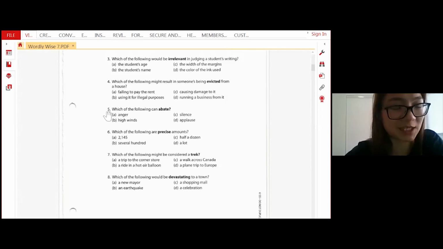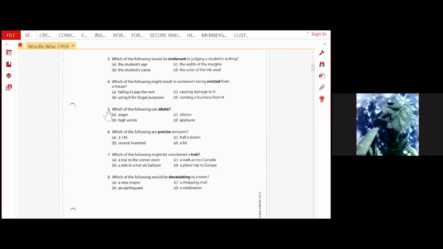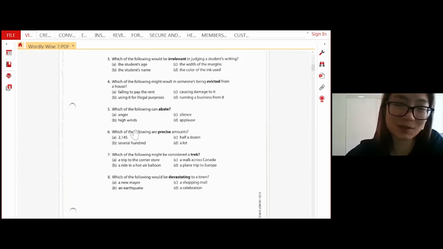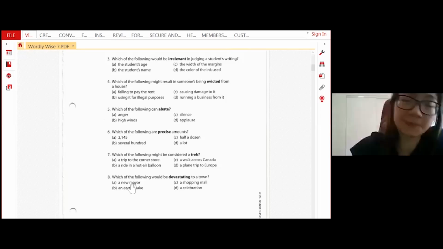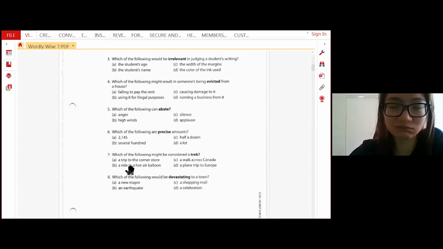A new mayor would be devastating to a town, seriously? It depends on who the mayor is. I would just say, based on that, maybe an earthquake would be really devastating. We never know. A mayor, it depends, right? It could be a really, really good mayor.